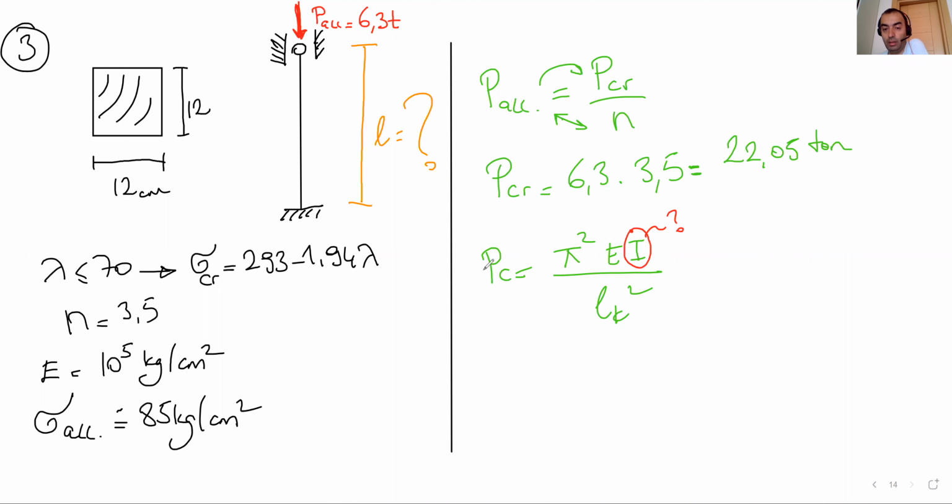We know this one. Actually, from the section, we know I. This comes from here.